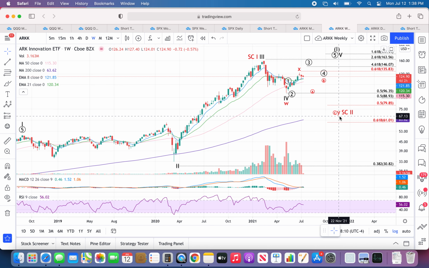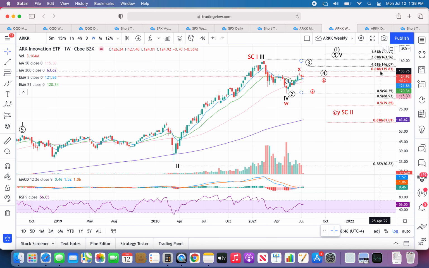Okay, so if we see an inability to crack this fib, so in other words, if it can't get above and hold above on a weekly basis 136, I think the probability that although the Qs and the S&P could continue making new all-time highs, that we don't see it in ARKK. And then the implication most likely would be we also don't see it in some of the other ETFs that are yet to come as we kind of work from strong into weak.